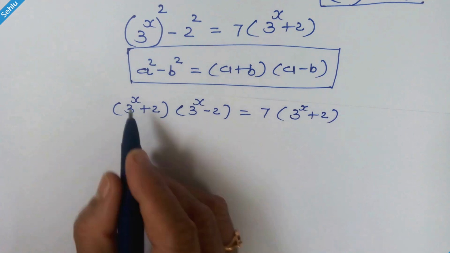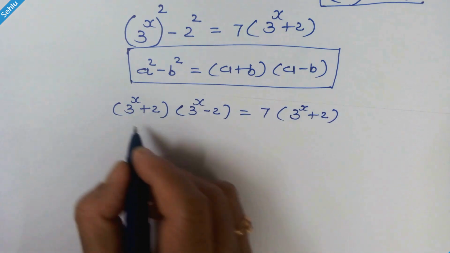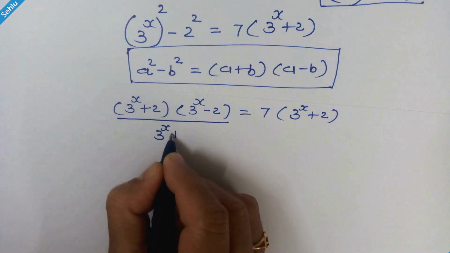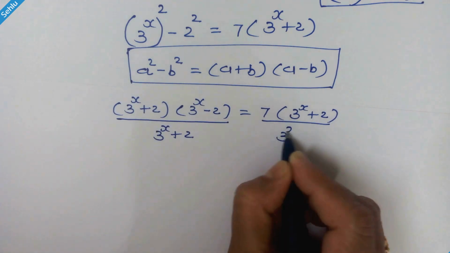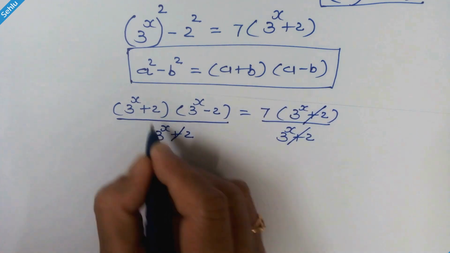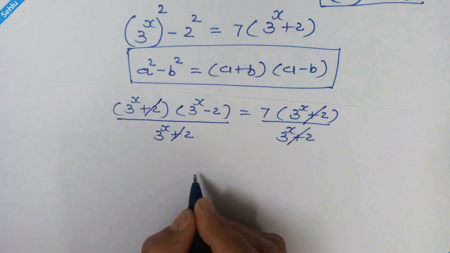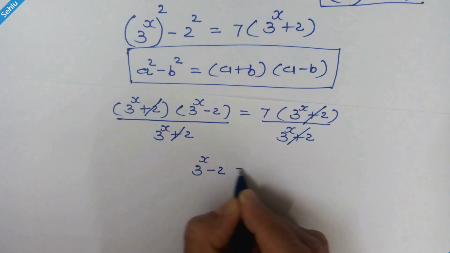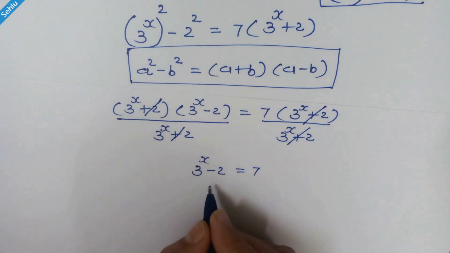Now these two expressions are same here. So if we divide with 3 raised to x plus 2 both sides, these two get cancelled out and here these two get cancelled out. Now we have 3 raised to x minus 2 is equal to 7.